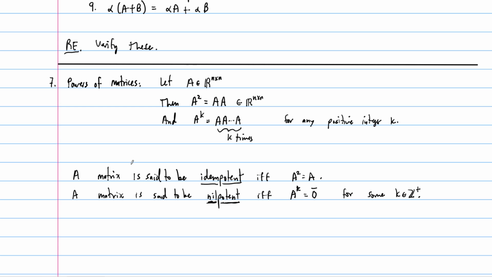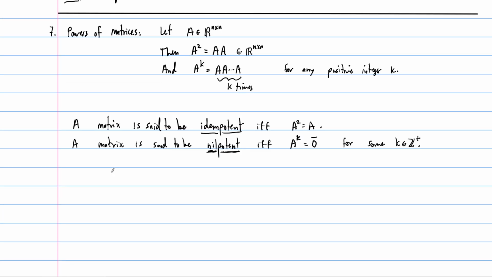Okay. For the last one, we need to define another matrix, and this is called the identity matrix. The identity matrix is the multiplicative identity in the space of square matrices. There's a different identity matrix for every space of square matrices.